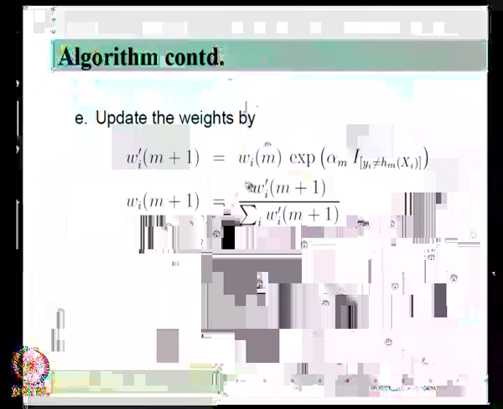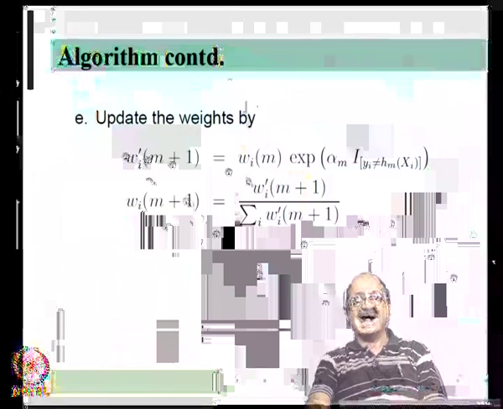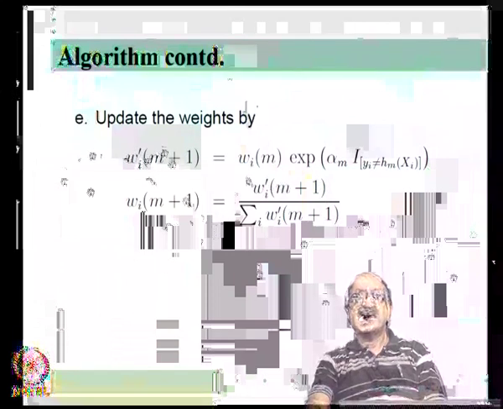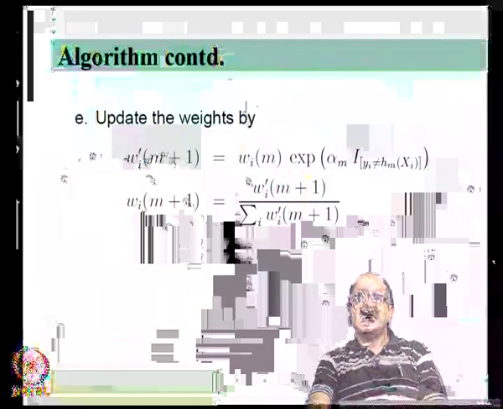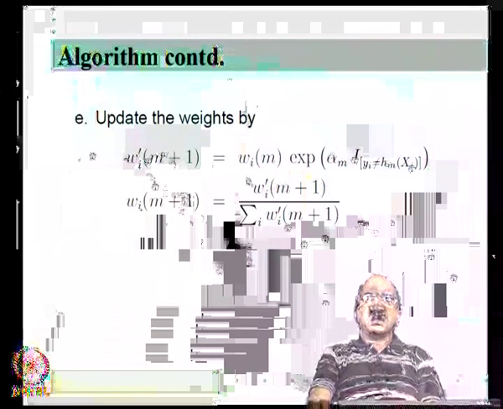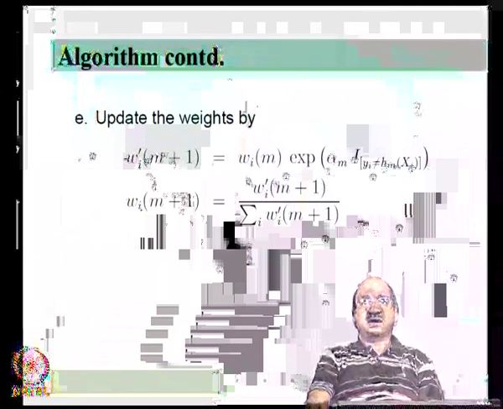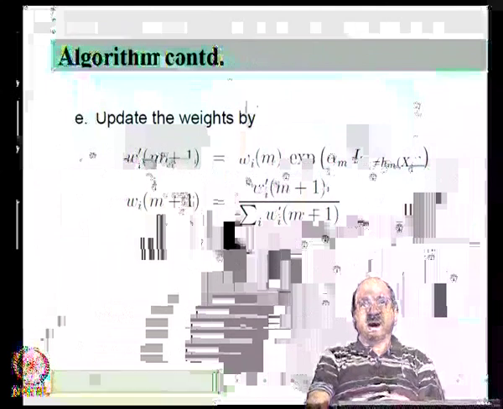So first, given Wim, I calculate Wi' m+1. The whole idea is that Wi' m+1 is not normalized, so to get Wi m+1, I normalize Wi'. Okay. So first Wi' m+1 is calculated by Wim times exponential αm times I of yi not equal to hm(xi). By the way, I didn't indicate this, but this I is an indicator function.